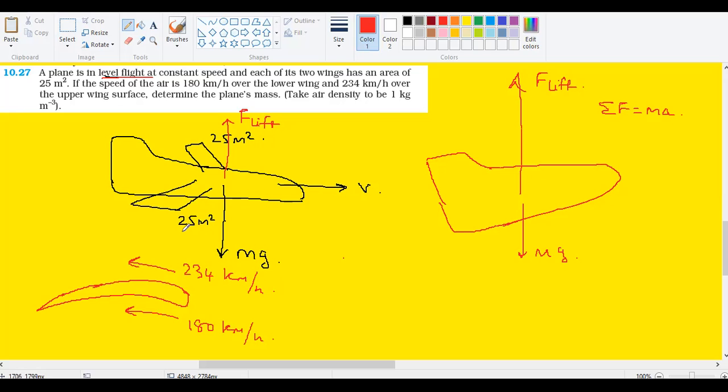Remember, I should not be using 25, I should be using 50. Why? Because both the wings are helping you to give some lift force. In reality, the lift force is actually acting on the wings, right? But if I show the force like this, it's going to be confusing. So that's why I'm showing the weight on this side, like this.